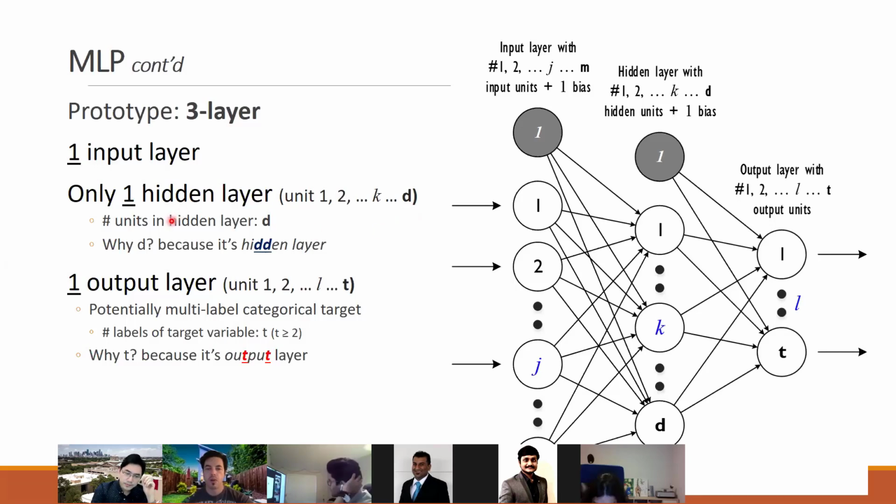But anyway, D doesn't have too much of a constraint. M has to be the same as the number of columns in the pre-processed input data. And T has to be the same as the number of labels in the target. That's the 2. And Y_T, because it's the output layer. Easier to remember.